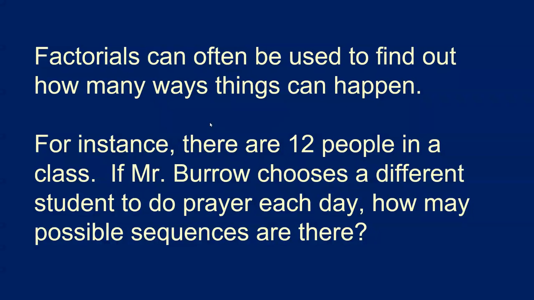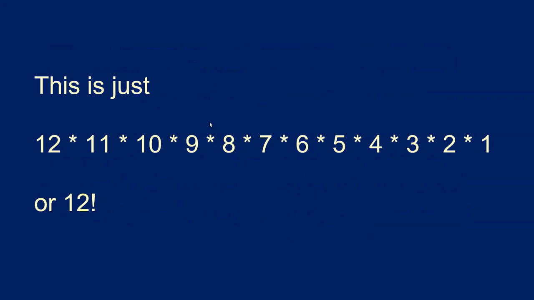We often use factorials to figure out how many ways things can happen. And I've got a problem here that says, suppose there's 12 people in a class. If I choose a different student to do prayer each day, how many ways could you do that? Well, that's going to be 12 factorial. You could literally take 12 times 11 times 10, etc., all the way down to 1.